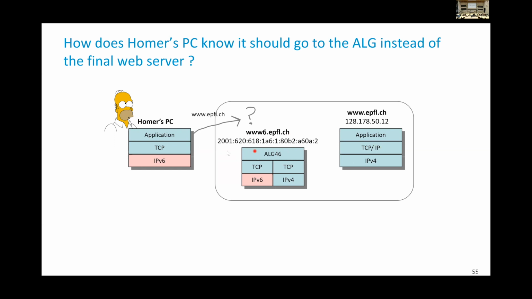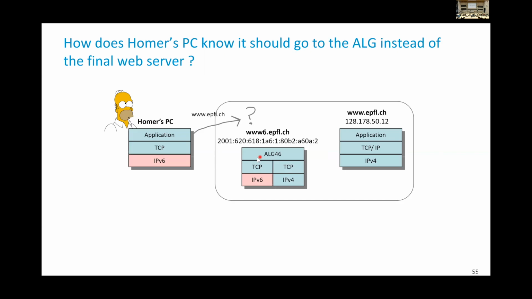So if you had IPv6 only, you could still go to www.epfl.ch, but in fact, you were going to another machine called www6.epfl.ch that was working as an application layer gateway. So you were opening your TLS connection that was tunneled to this other thing by going through this intermediary point.